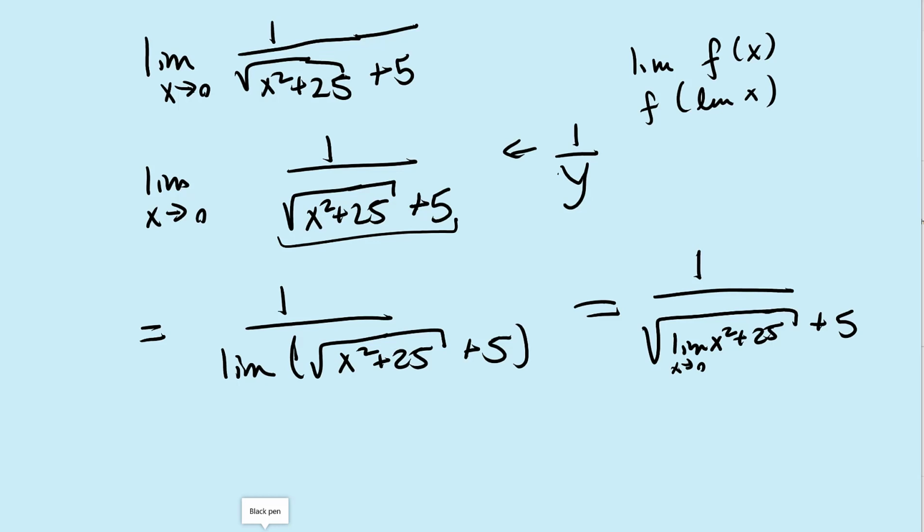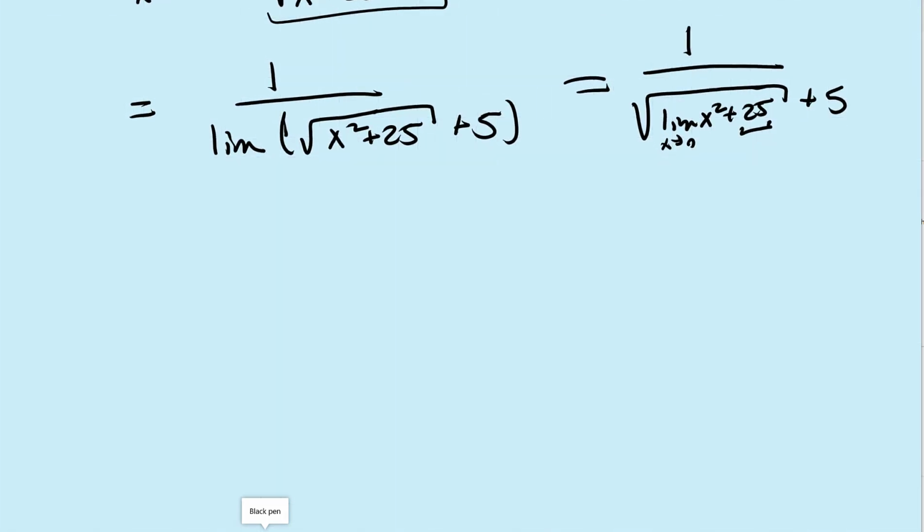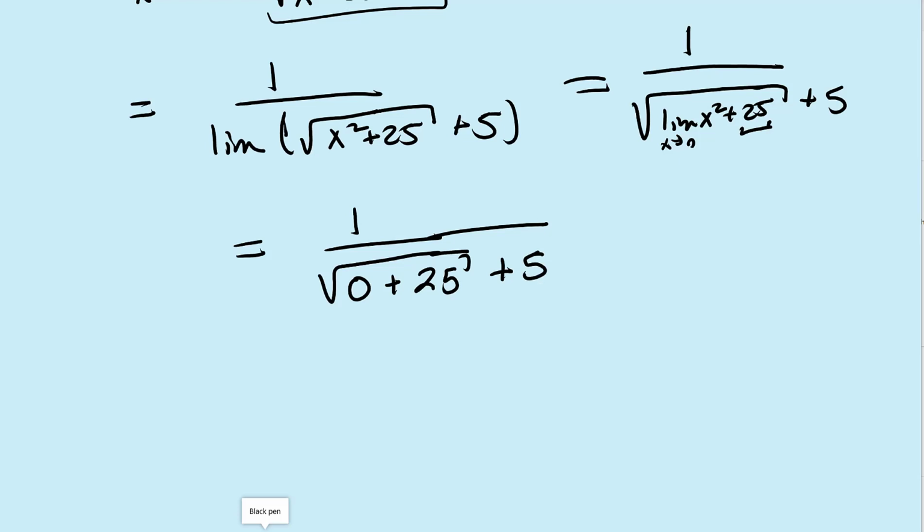Now, here we can take the limit x goes to 0 because we have this 25 that will ensure that the whole denominator doesn't go to 0. So again, we can say this is equal to 1 over the square root of the limit of x squared when x goes to 0, which is 0, plus 25, plus 5. And now we have just 1 over the square root of 25 plus 5.